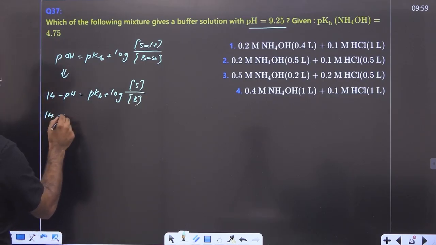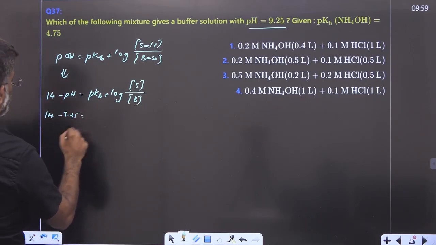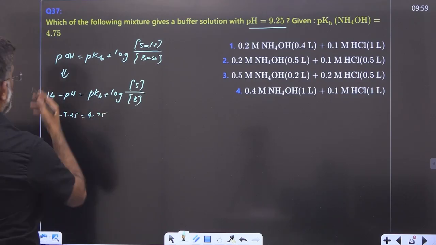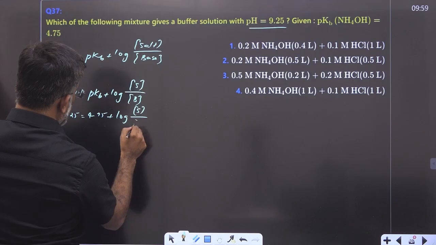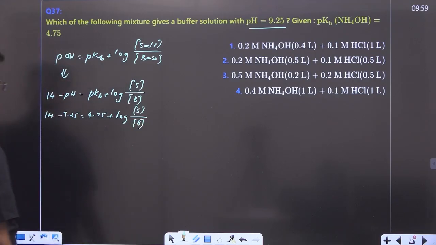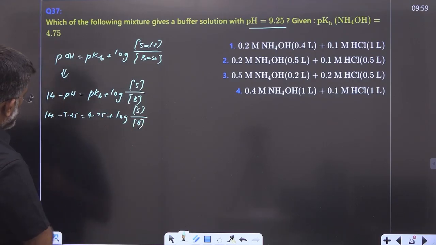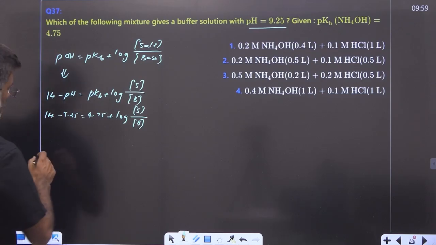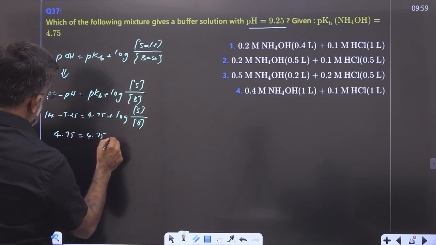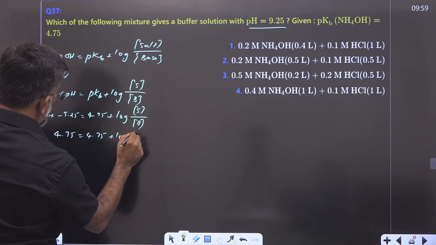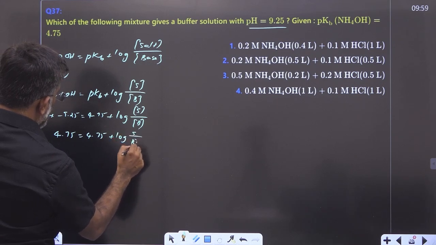So 14 minus 9.25 equal to 4.75 plus log concentration of salt by base. 14 minus 9.25 is 4.75. So 4.75 equal to 4.75 plus log salt by base.